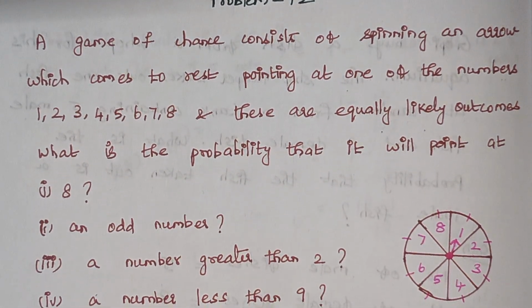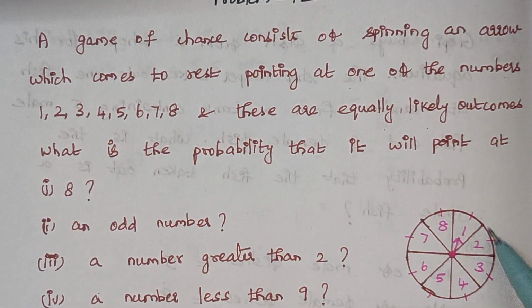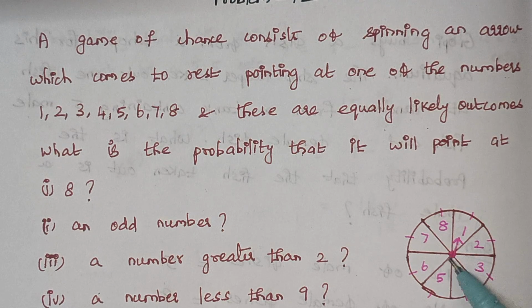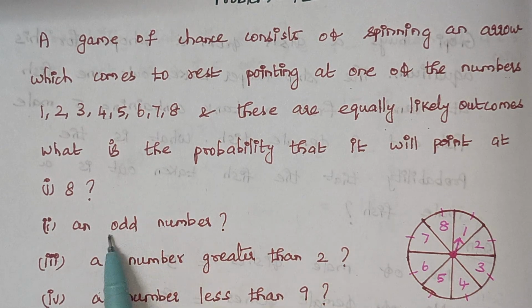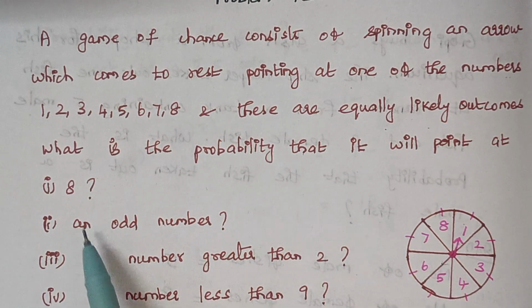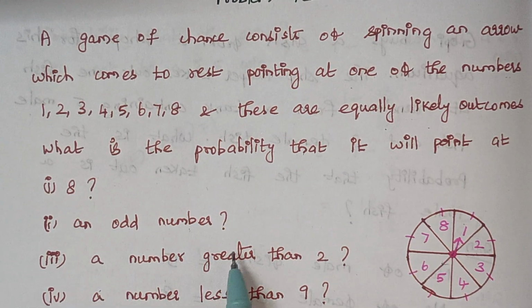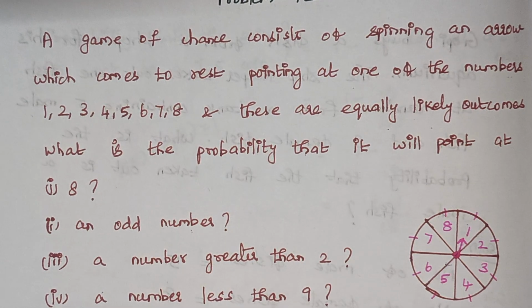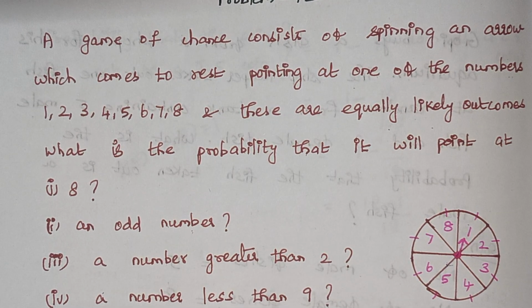We are having a spinner provided with an arrow. You have to rotate this spinner, and we are requested to find the probability that the pointer will point at 8, or an odd number, or a number greater than 2, or a number less than 9. These are all the different conditions.